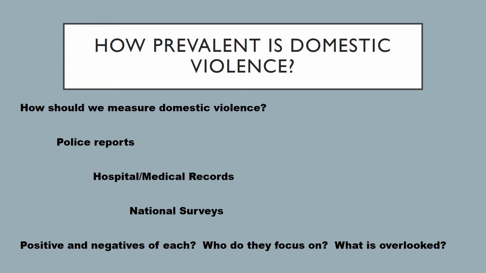Okay, so once we start to get an idea of how we're thinking about defining these concepts, let's look at, at least in the United States in the first couple decades of the 21st century, just how prevalent is domestic violence? Well, as with any sort of research, one of the most important things about measuring prevalence is we have to think about how we measure it.